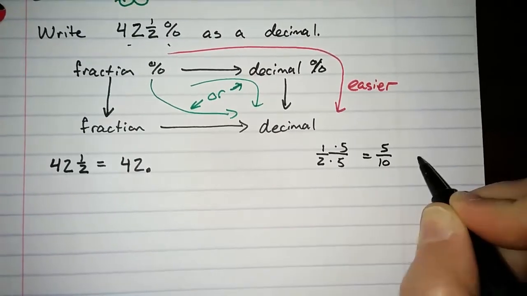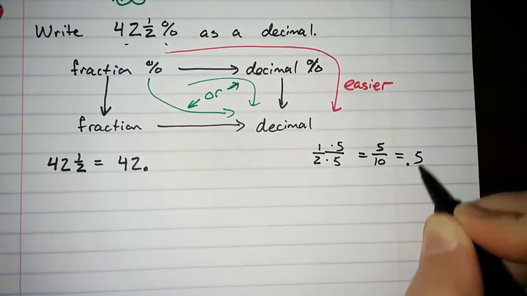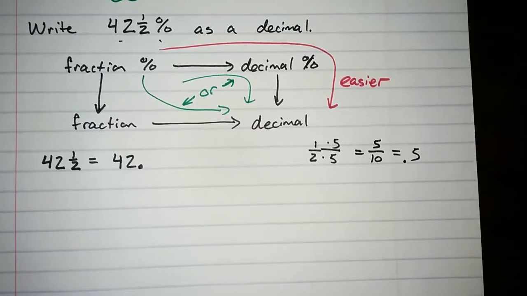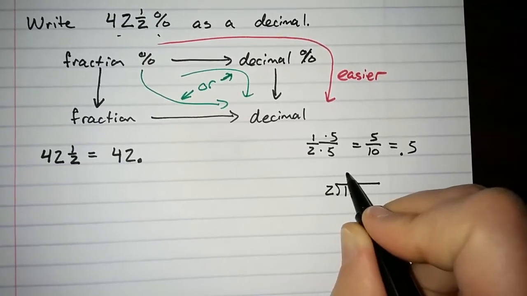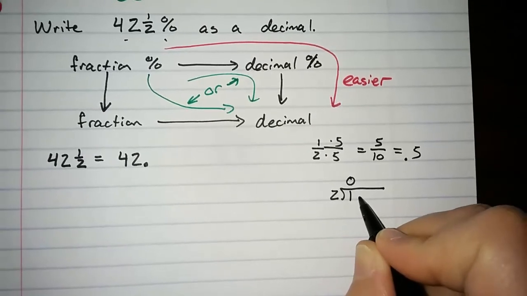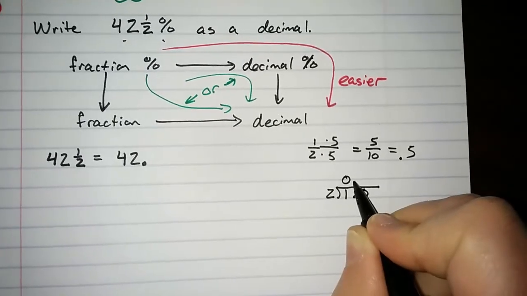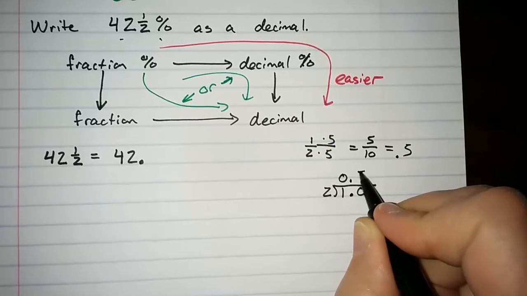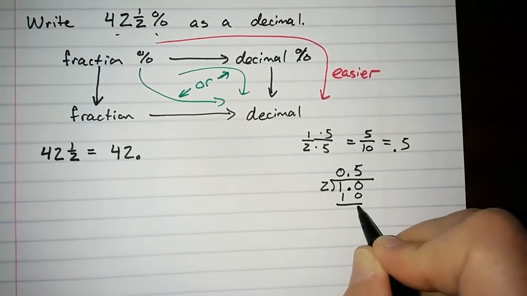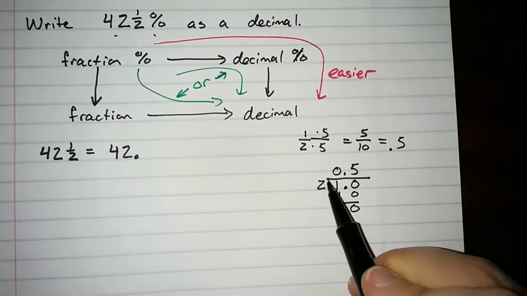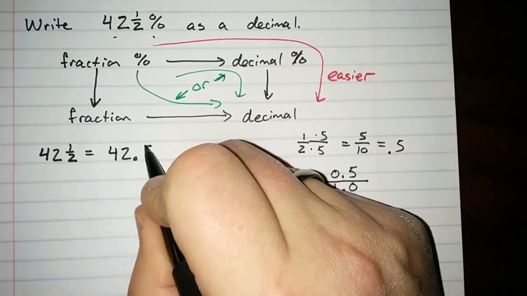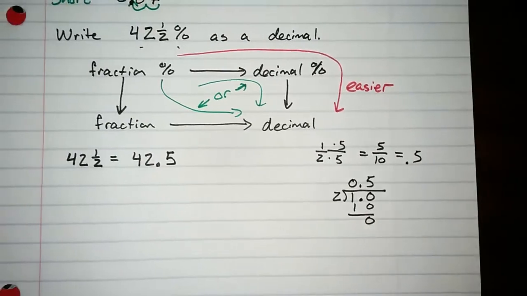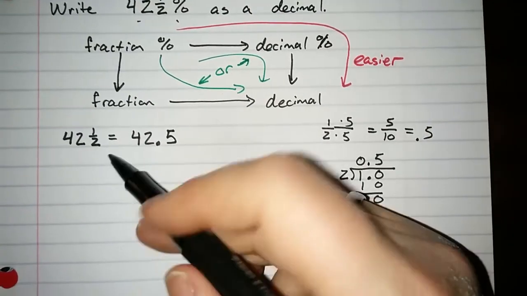That's 5/10, which is 0.5. Or I could use division to convert. 2 into 1 goes 0 times, of course. Add a 0.0. 2 goes into 10 5 times, with nothing left. And again I get 1/2 is 0.5. Either way, I have 42.5.